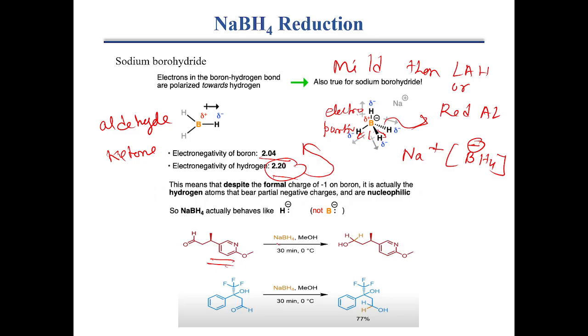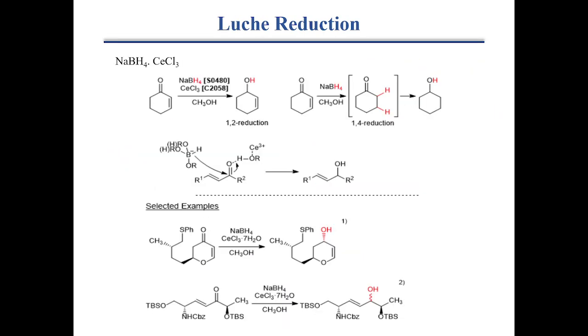So in the presence of sodium borohydride and methanol, the aldehyde is reduced to primary alcohol. This is also an aldehyde. So in the presence of NaBH4 and methanol, it is reduced to primary alcohol. So this is a very important reaction, the Luche reaction.